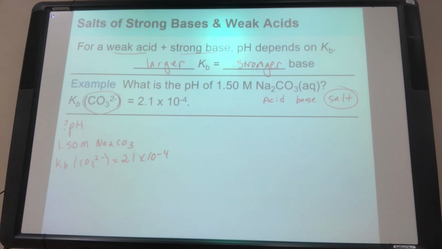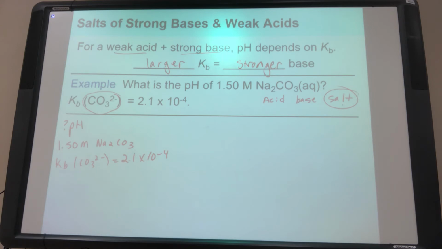If it's not in the chart, usually the name will give you a hint, or you would know from the fact that it would say Ka or Kb. If it was just Ka, nothing like this, it's an acid. If it's just Kb, none of this, it's a base. If it's either Ka or Kb and there's something in parentheses, it's a salt.